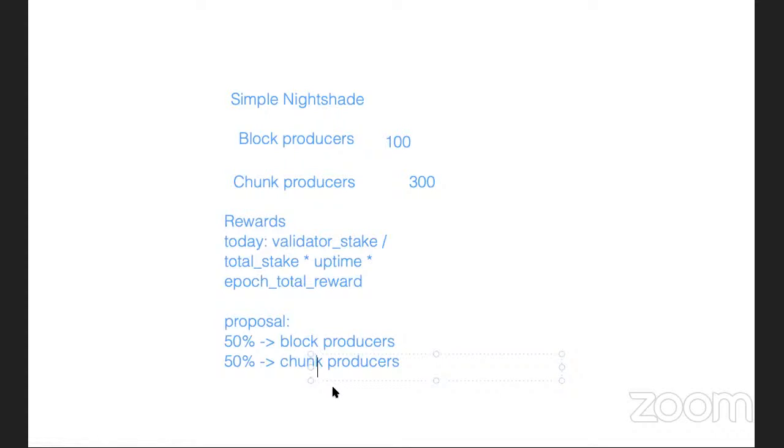And I think the problem that comes with that is, what if there are not that many people who want to become chunk producers at some point? Because today this problem doesn't exist, since there's only one pool, and everyone goes into the same pool, so it's not a case where you have an abundance of block producers but you don't have chunk producers.